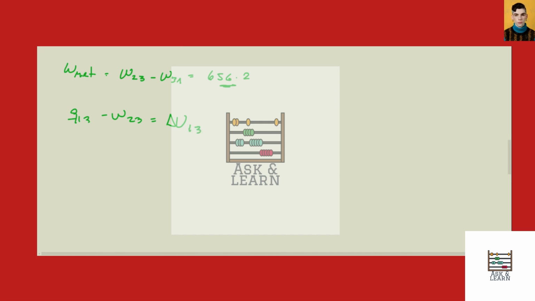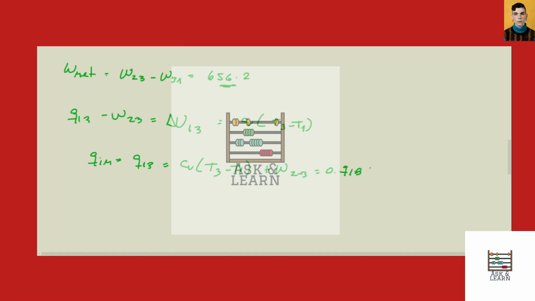Okay? Therefore, the change in the internal energy can be described as CV times T3 minus T1. Therefore, the input heat, which is equal to the heat 13, is going to be equal to CV multiplied by T3 minus T1 plus the work 2-3.